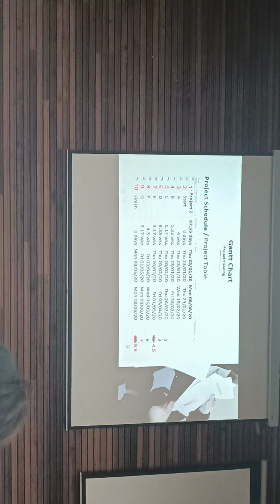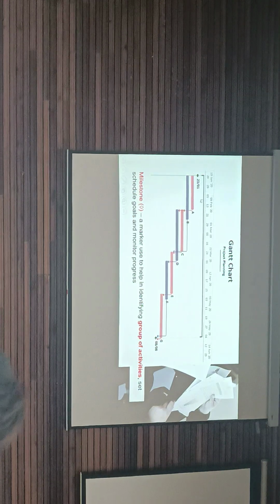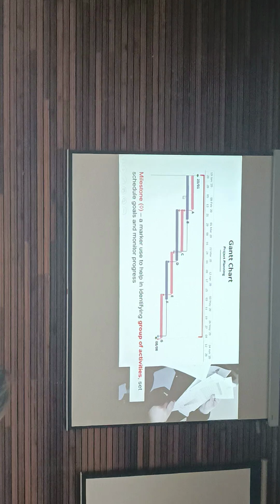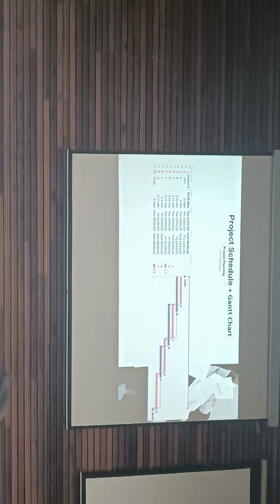This one is not 89, it's 8,9. So this is the Gantt chart. Between 2 diamonds is a group of related tasks, which is a milestone.